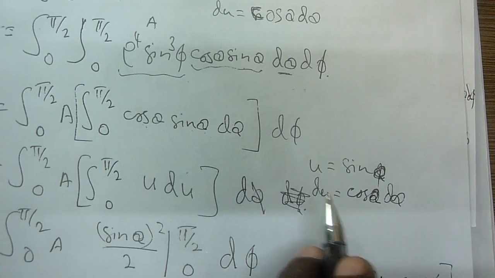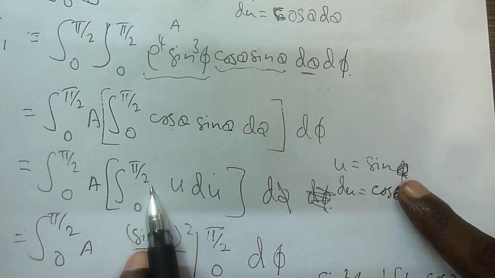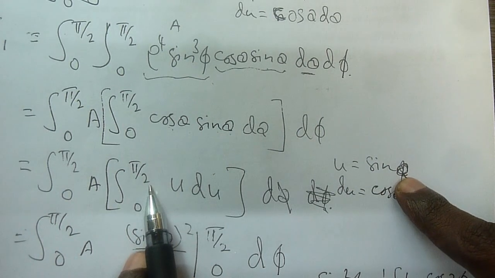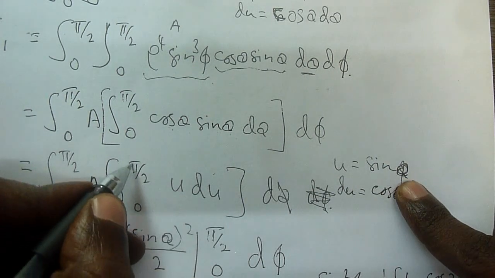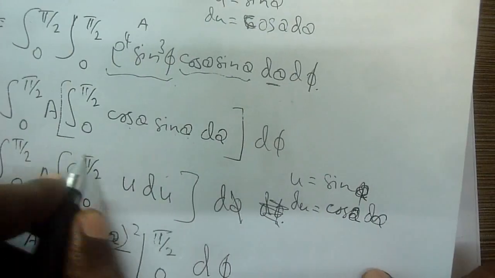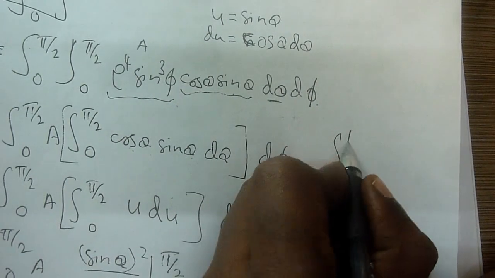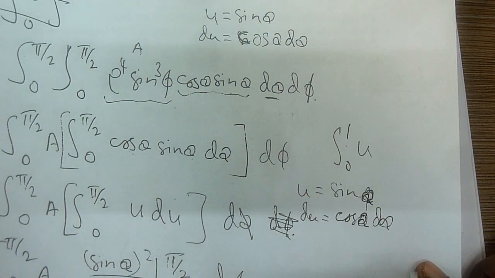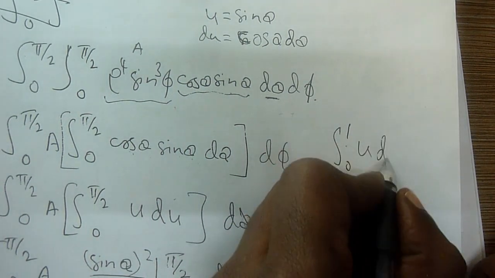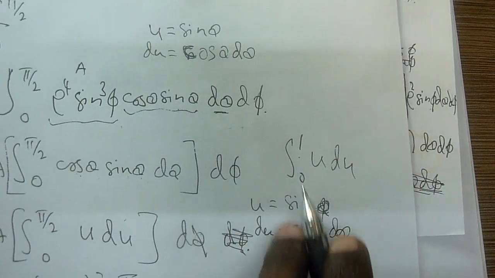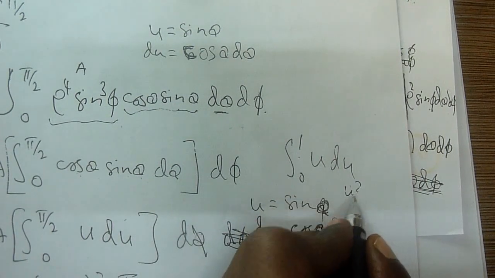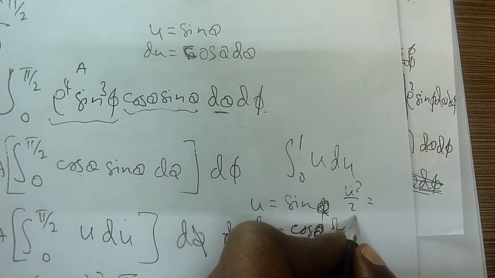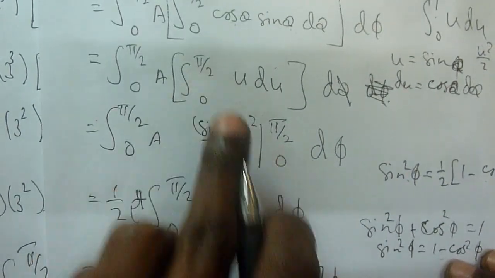But you can just substitute here, pi over 2 is 1. You can change here itself. What about 0? 0. Therefore, you can solve this part. Can you see that? Now when you get u squared over 2, you just say 1 over 2. Straight away you no need to convert back.